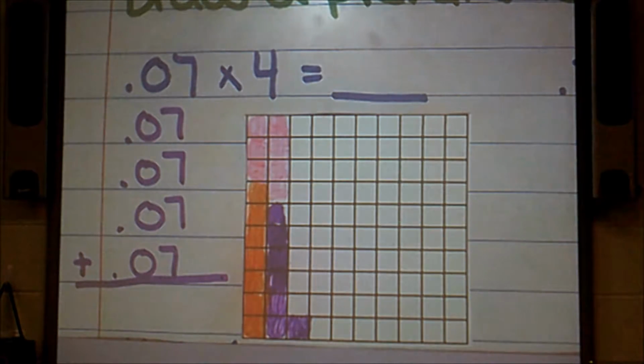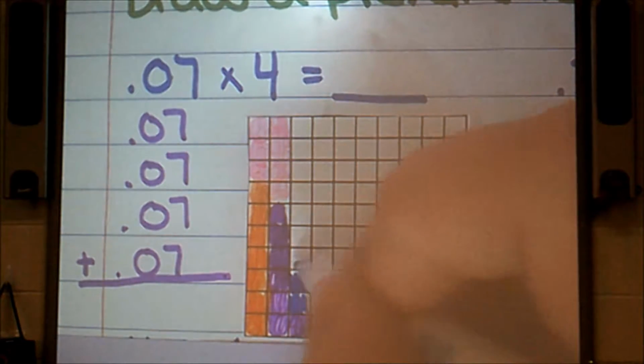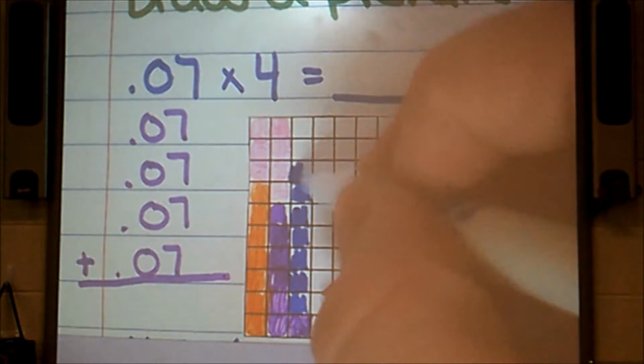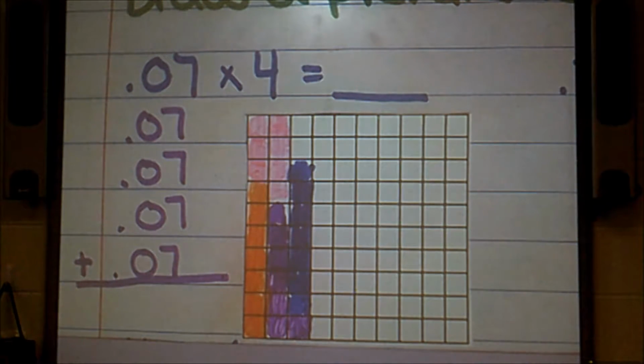And I'm going to do it another time, 7 more. So with these 4 colors, you can see my 4 different 7/100ths on there. Pretty cool. Now this also gives me my product. I can find the product with this.